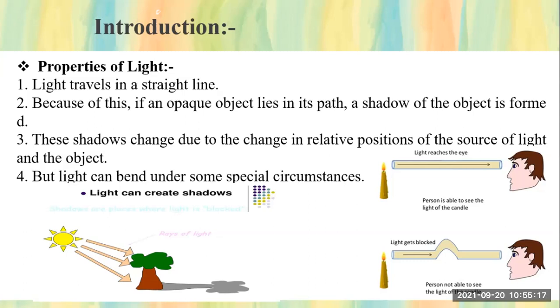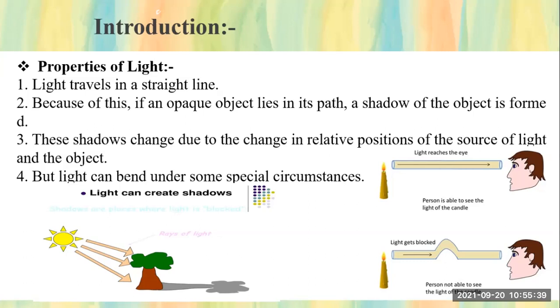Now see, this shadow changes. Third point we are going to discuss. These shadows change due to change in relative position of the source of light and the object. Now, what does this third point mean?